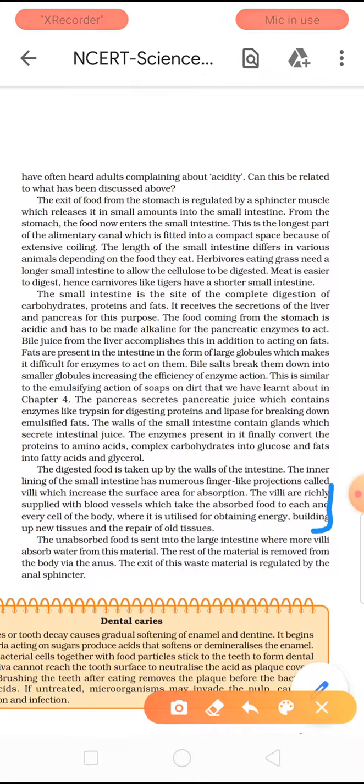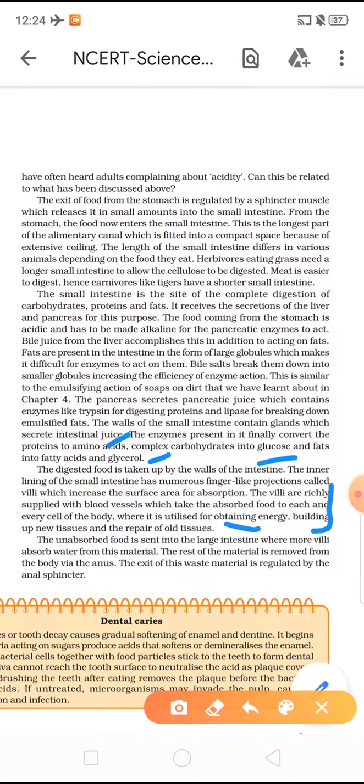Now see, glucose, which is coming from your carbohydrates, and fats and glycerol will provide energy. Their further breakdown will give you energy. Amino acids which we are getting will be used in making new tissues or will help in repairing the old tissues.